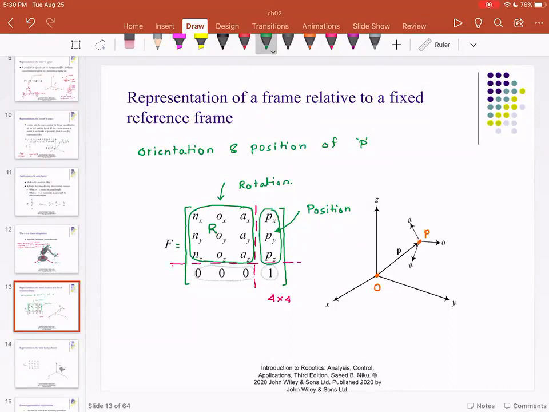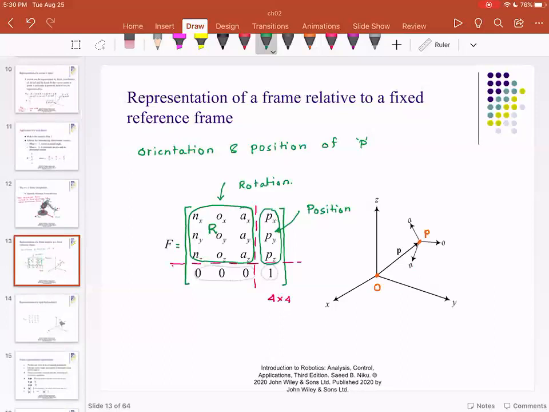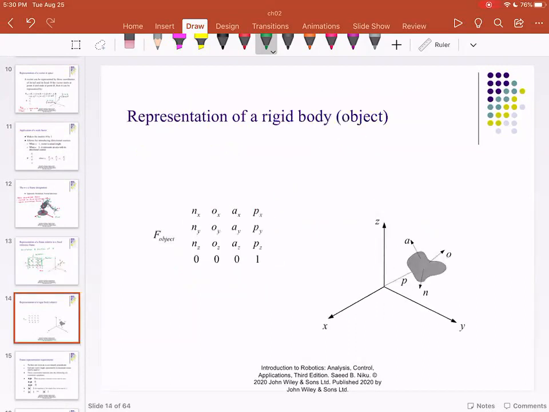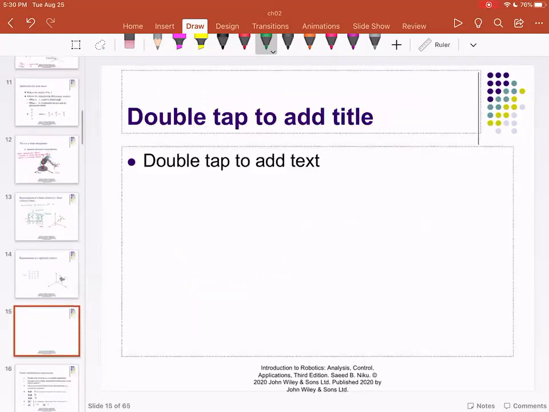The representation is a 4 by 4 matrix, and it has a rotation component and a translational or positional component. Now I'm going to spend some time looking at rotations, and I will give you a very simple approach to look at orientations.